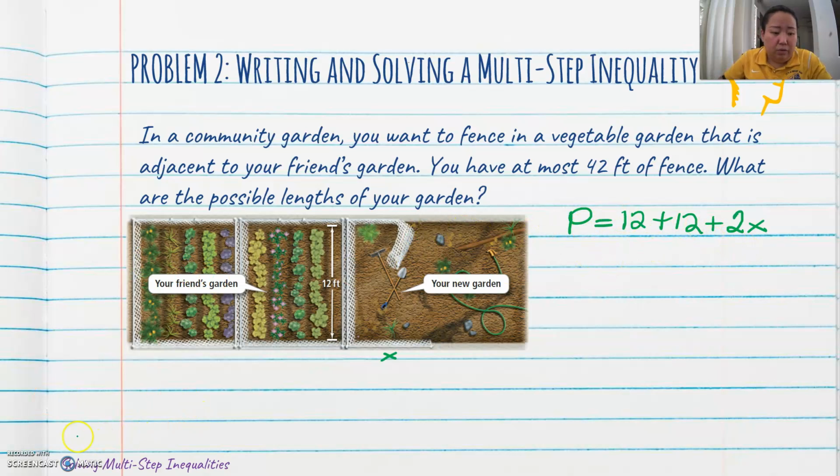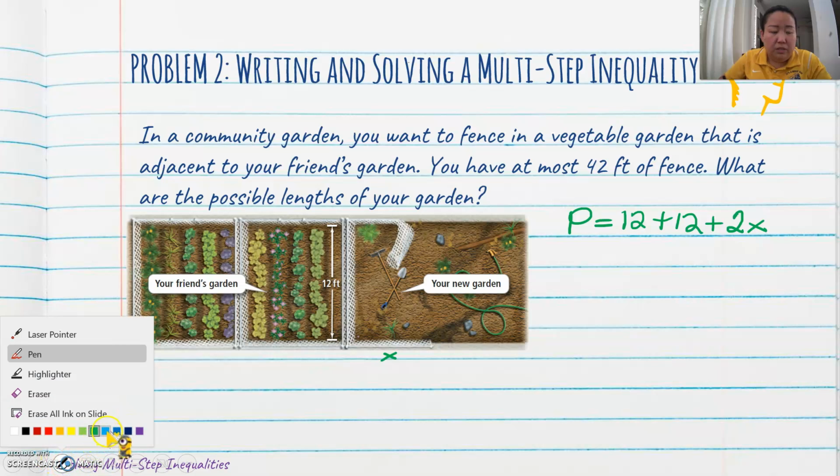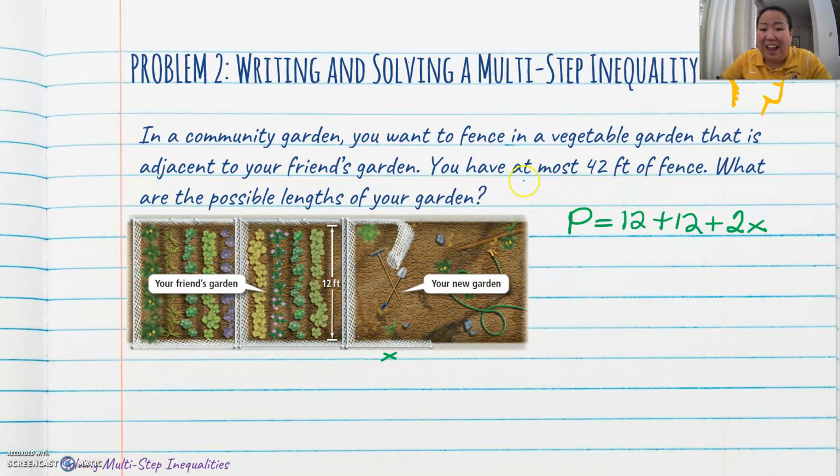But if you notice from the problem, it says that we have at most 42 feet of fence available. So when we have at most, remember that this is going to be less than or equal to. And the perimeter that we are allowed, the amount of fence that we are allowed to have, is 42 feet. And so this P over here will change to 42, okay?